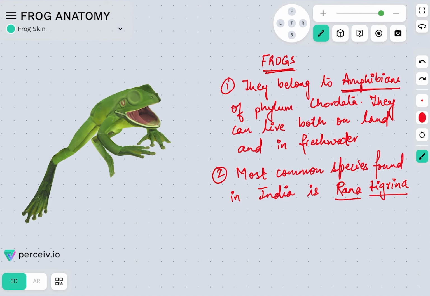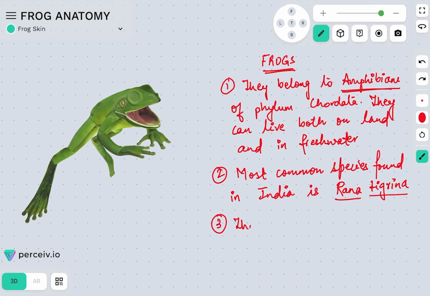Now, frogs are considered to be cold-blooded or poikilothermous animals. That means amphibians. This indicates that they are not able to maintain a constant body temperature. They are not able to regulate their body temperature, and their body temperature keeps on varying with the external environmental conditions.